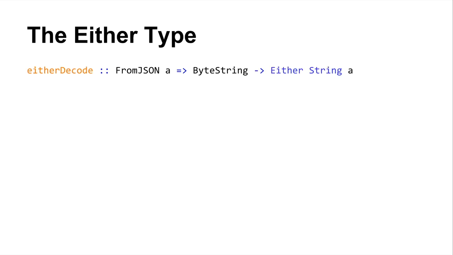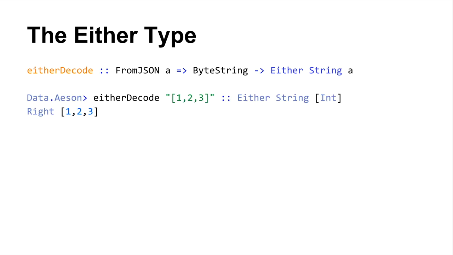Either type you're also familiar with. eitherDecode is a function in Aeson. It allows us to go from a value of type ByteString to Either String a, where a is a type that instantiates FromJSON. So this allows you to decode a ByteString into some type.